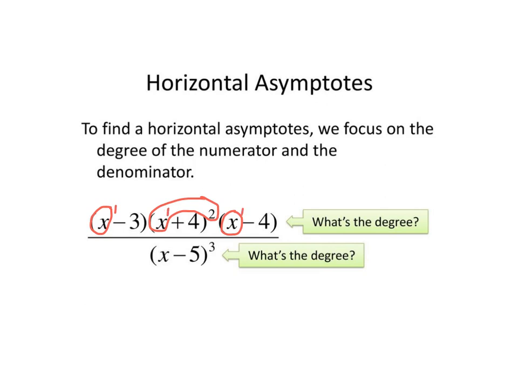So this has an exponent of 1, 1, 2, and 1. So the degree on this one is 2, 3, 4, 5. In the denominator is just going to be a degree of 3. So when you're trying to figure out horizontal asymptotes, you're comparing the degrees. And so let's go over how to do that.